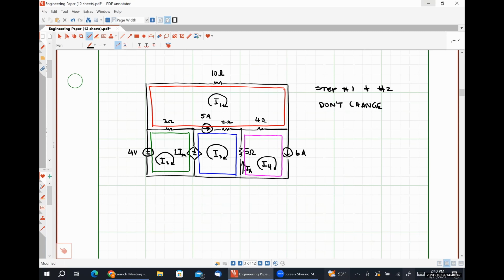Okay, so there's steps 1 and 2. Because we have current sources, we're going to have a new first step in our actual analysis. So this is going to be our new step 3.